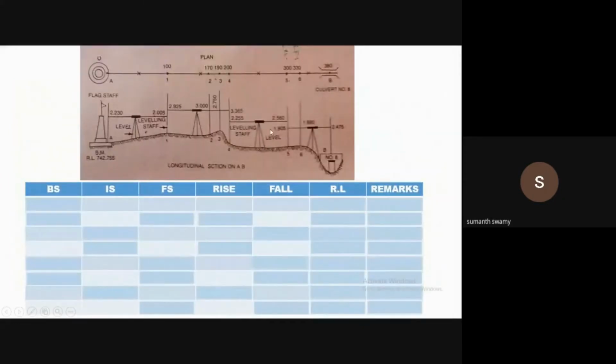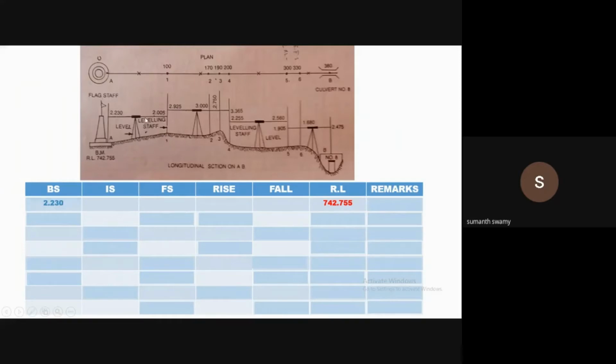How to make an entry of this in our level book? This is one of the important parts. Here I would like to explain the entry recordings using the same example. Initially, as I told, the station is established at one point and the backsight is noted on the benchmark. The benchmark RL is already known, so let us enter the benchmark RL.